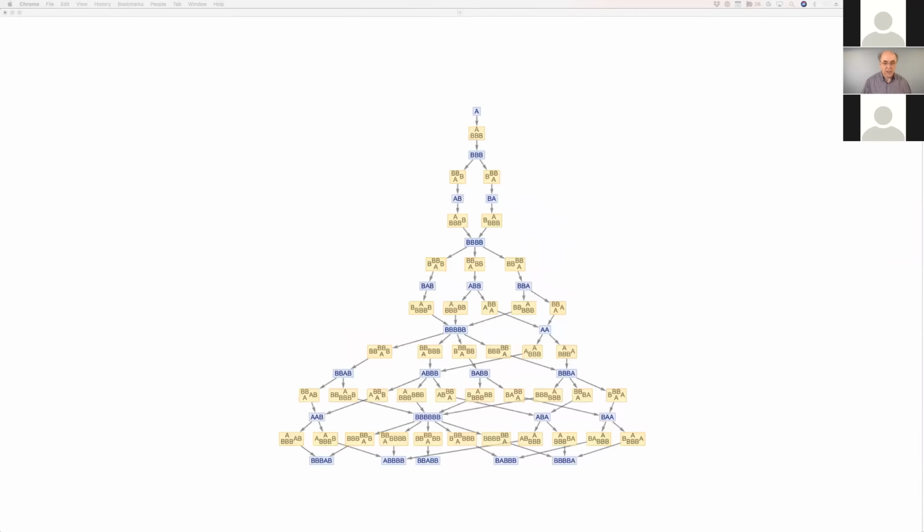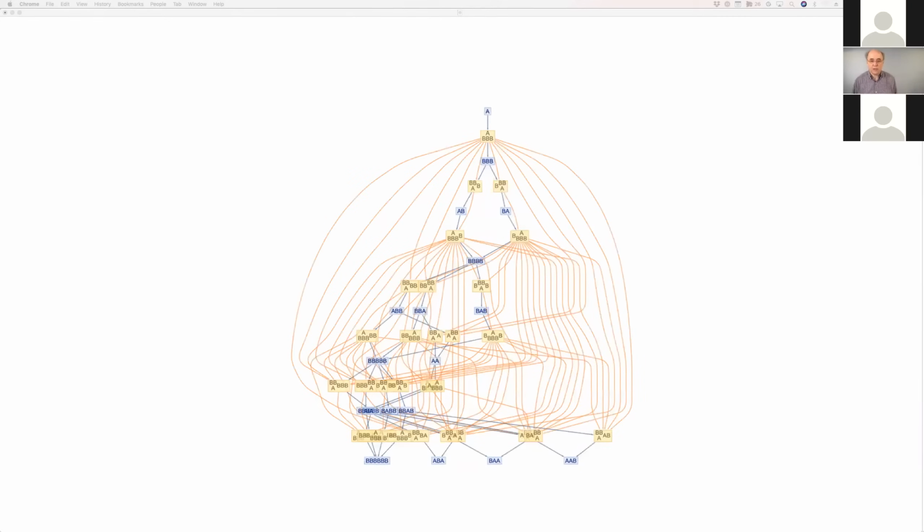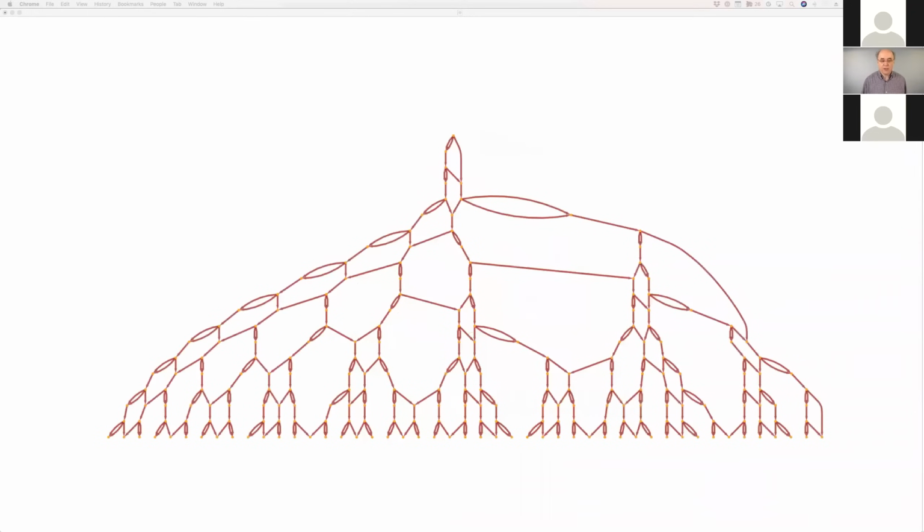This shows which event has to have happened before which event for you to be able to go on. And from that, we can build this causal graph where the little dots represent updating events and the edges represent their causal relationships.